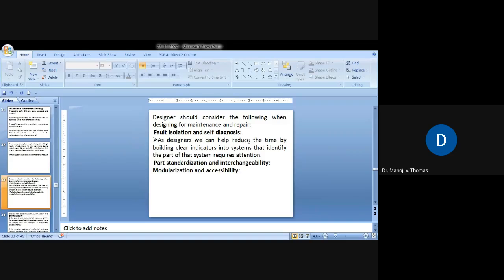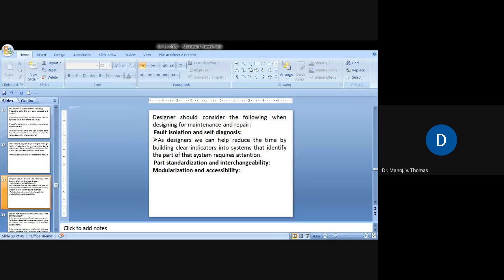Designers should consider the following when designing for maintenance and repair: fault isolation and self-diagnosis, part standardization and interchangeability. Parts should be standardized. We should use standard parts, and each part should be interchangeable. Then we can think that maintenance will be easier. Then modularization and accessibility. Modularization means we should be able to detach individual modules.